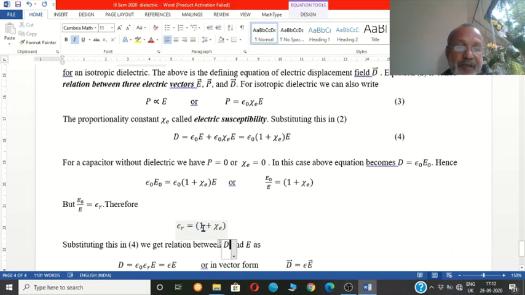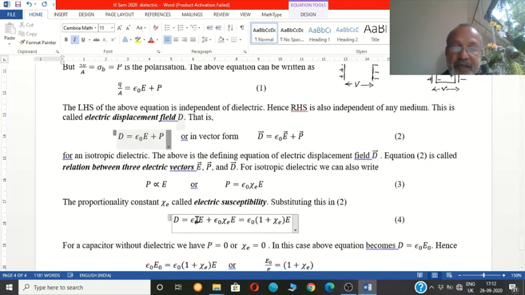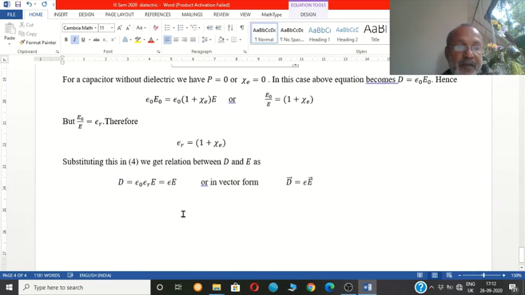If you substitute 1 plus chi as epsilon r in equation 4, you get D equal to epsilon 0 epsilon r into E. That is the relation between D and E, displacement field and intensity of electric field. And epsilon 0 epsilon r may be written as the permittivity of the medium, epsilon. So D is equal to either epsilon 0 epsilon r into E or epsilon into E.